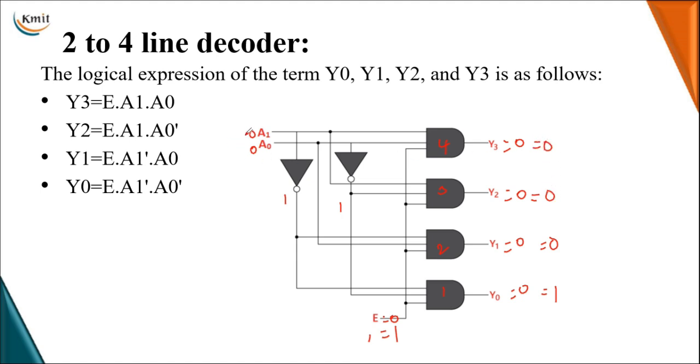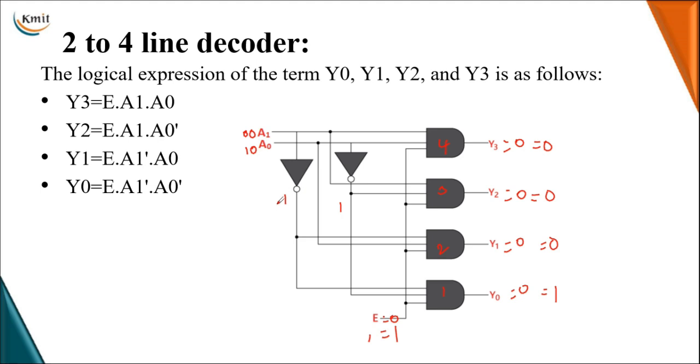Next, if it is 0 1, then with the enable input 1, we connected the second AND gate inputs from A1 bar and A0.